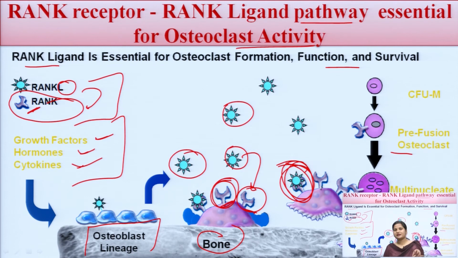When they bind with the receptors, the process of the osteoblast is stopped, right, and at that time the process of the osteoclast starts. So, this is the RANK receptor ligand pathway which is essential for the osteoclast activity.